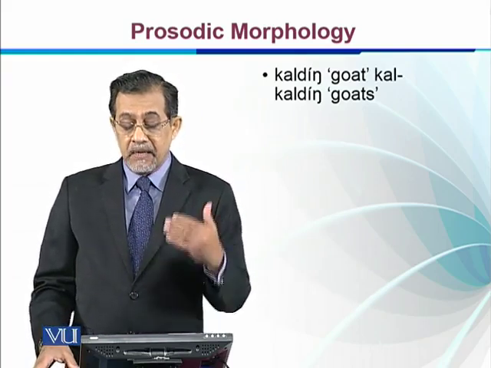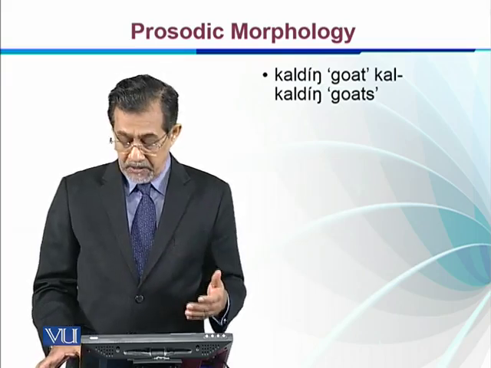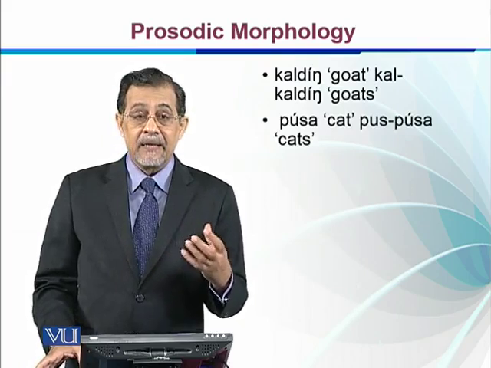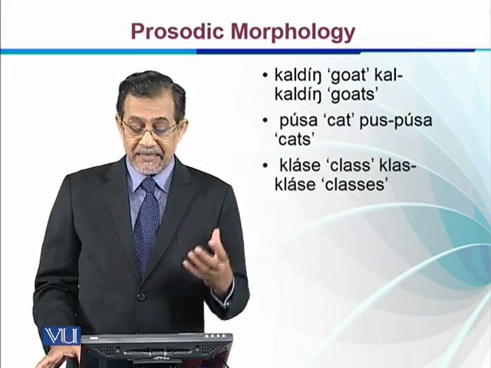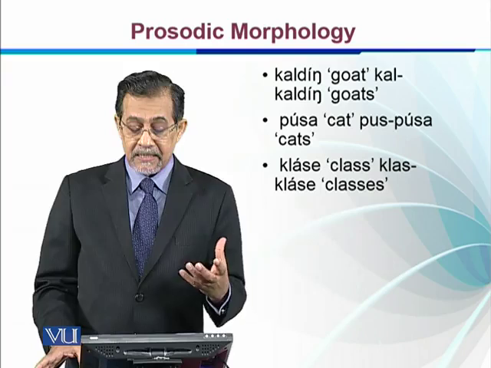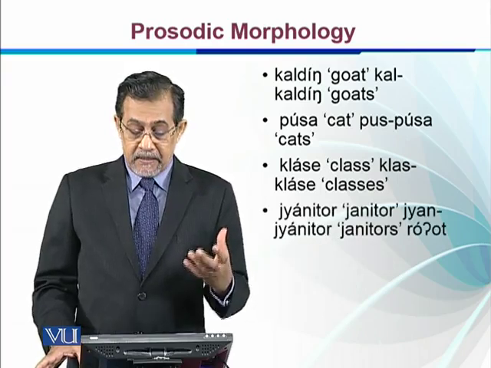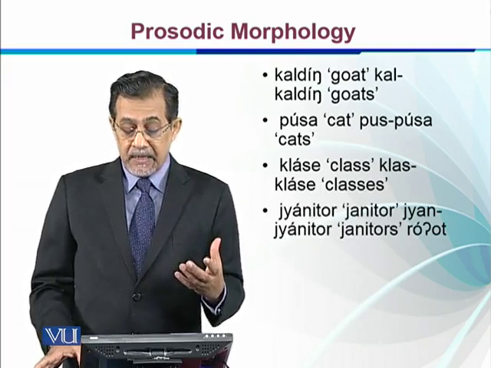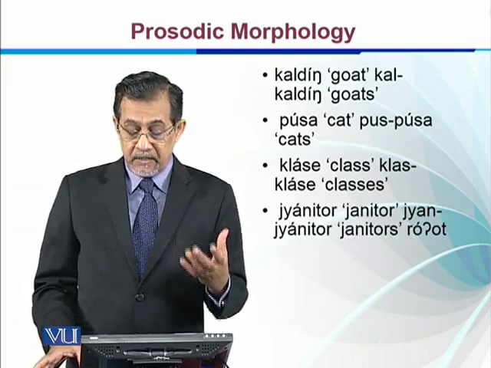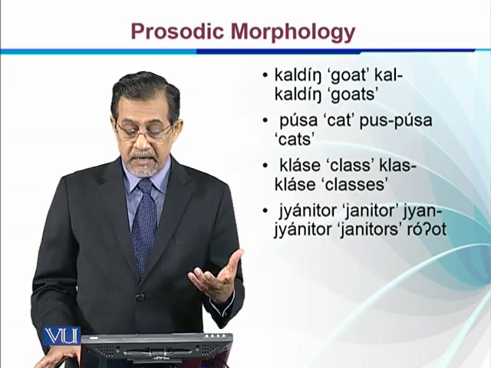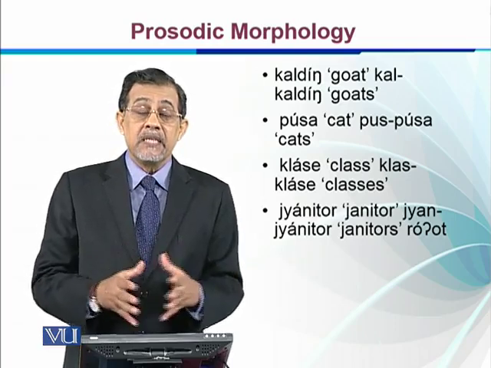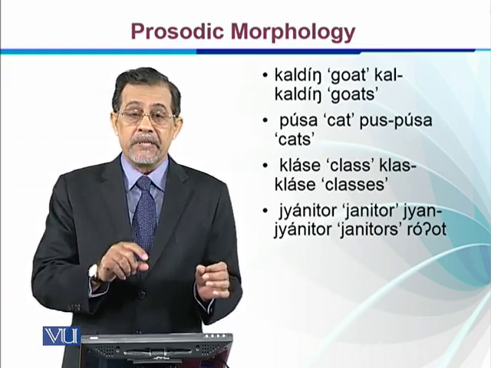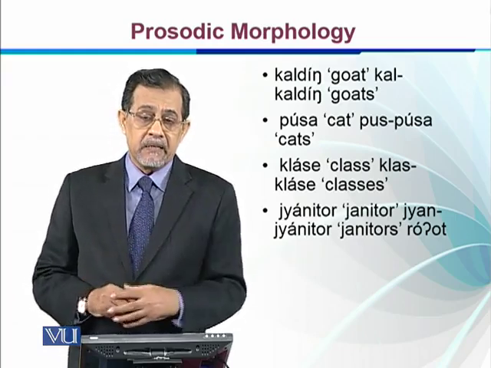Púsa, cat, and pusípusa, cats. Klase, class, and klase-klase, classes. Janitor and janitor-janitor, janitors. So you can see how part of the word is reduplicated to give it a grammatical addition.